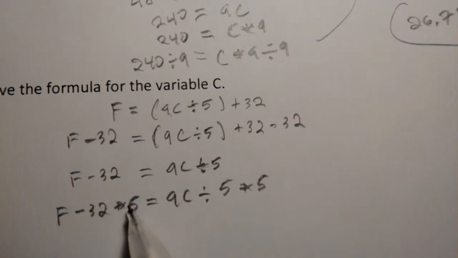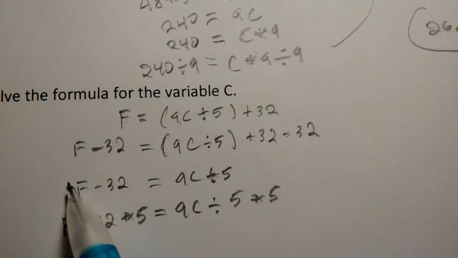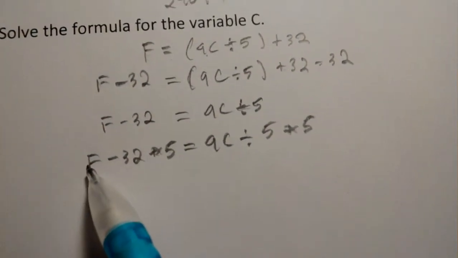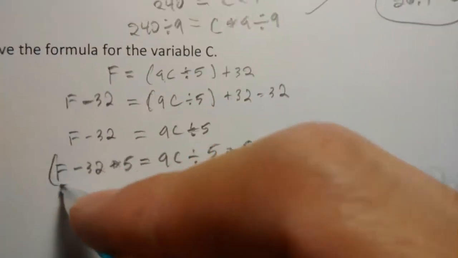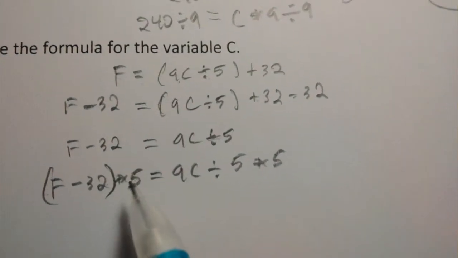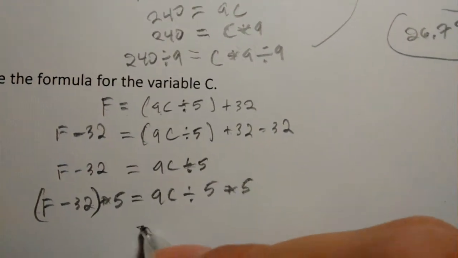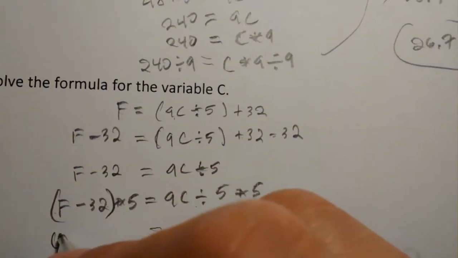But in fact, when you do an operation to a side, you're doing it to the whole thing. So to indicate that we're going to multiply 5 by this entire f minus 32 expression, we're going to use parentheses. So that's correct algebraically. So this now multiplying undoes this, and we're left with 9c. Let me carry this down.